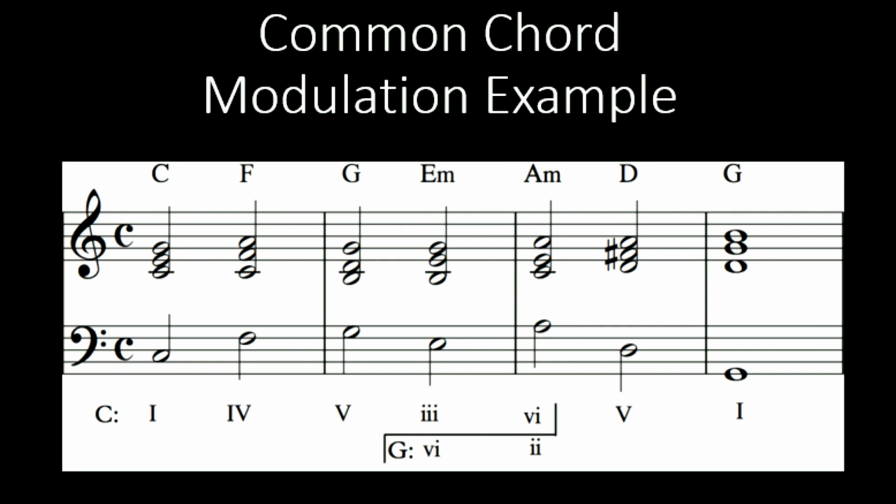And I'll explain the Roman numerals here in a second. And then we're going to A. So after the pivot chord, any point after that, you're now in that new key, unless for some reason we pivot back, which can happen from time to time. So you move to this A, and then you see how this next to last chord is a D major. It has that F sharp in it.